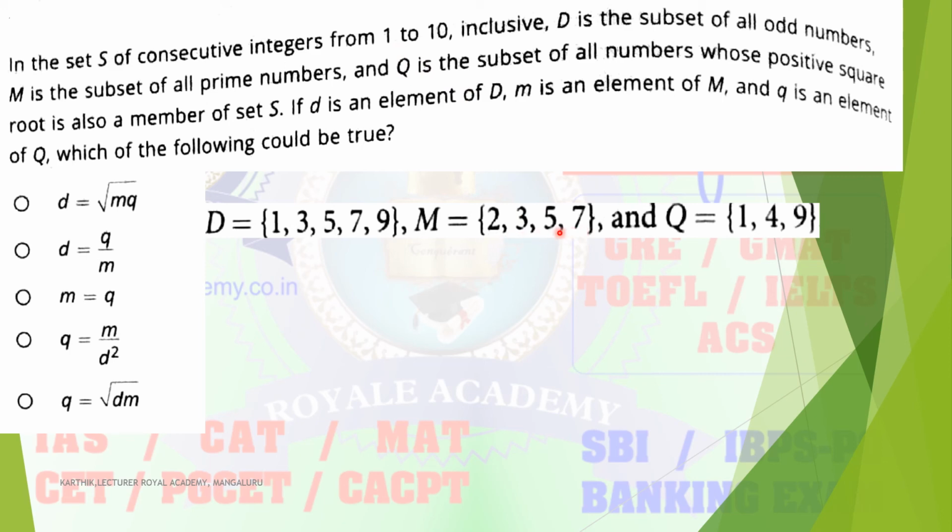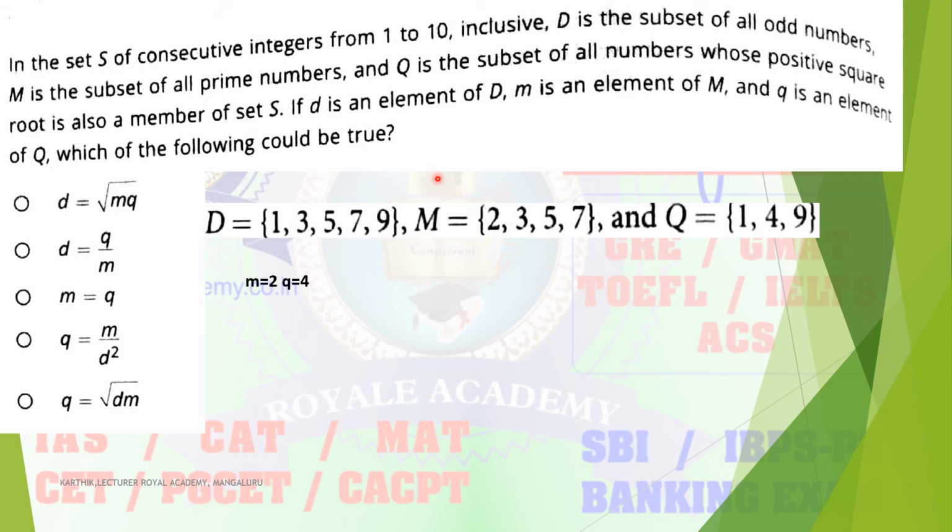And Q is a subset of all numbers whose positive square root is in S. The square root of 1 is 1, the square root of 4 is 2, and the square root of 9 is 3.